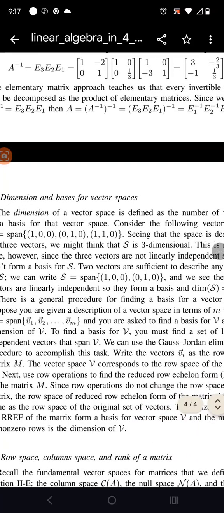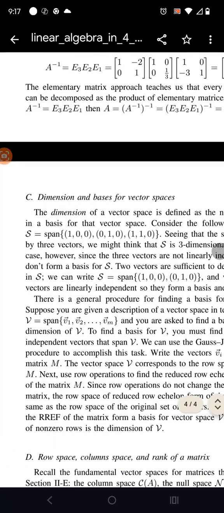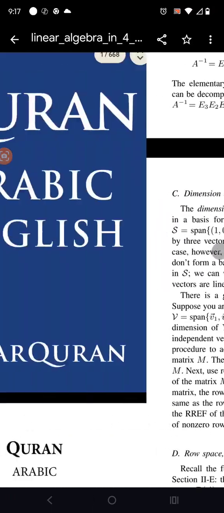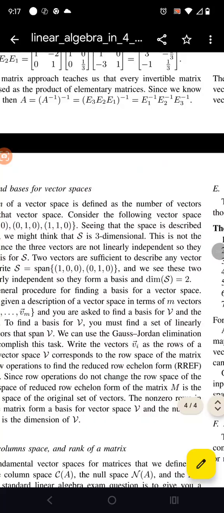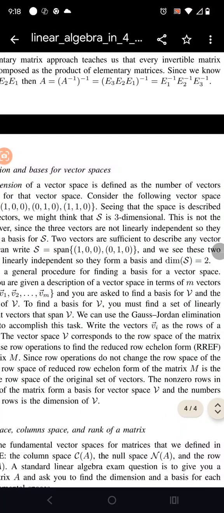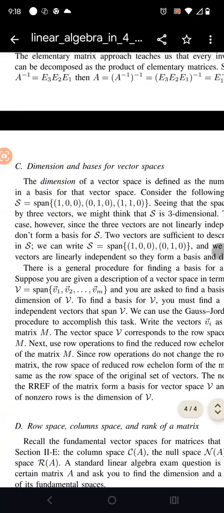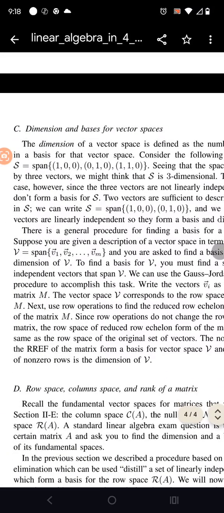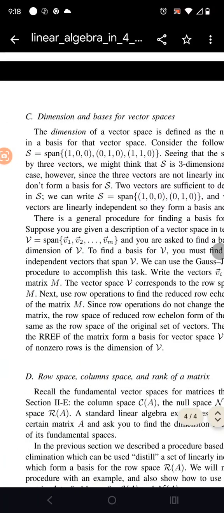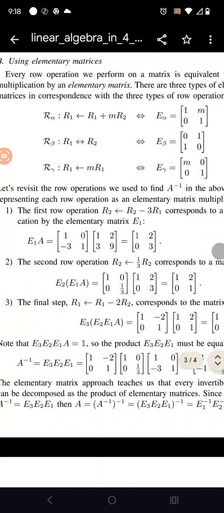There is a general procedure for finding a basis for a vector space. So you can use the Gauss-Jordan elimination procedure to accomplish this task, of course. The non-zero rows in the RREF of the matrix. What is RREF? Let's go back.